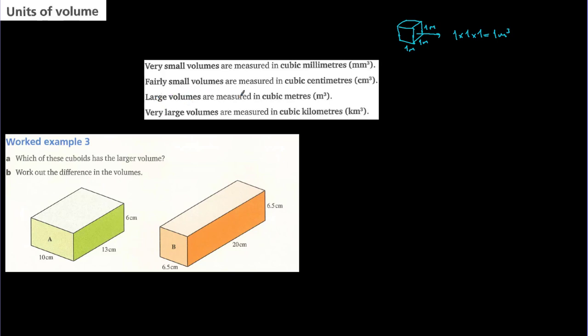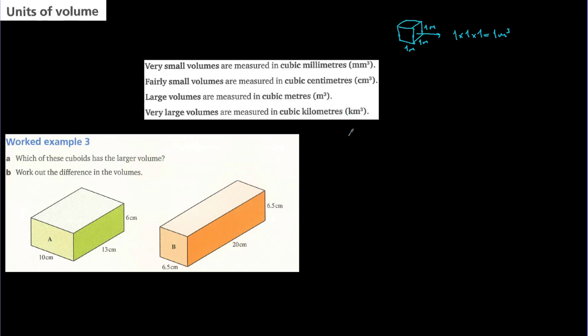For large volumes it's meter cube, and for very large volumes, like an ocean, it's cubic kilometer. We are going to use that for those measures. So, with the unit cube, we are going to work out the larger volume here.